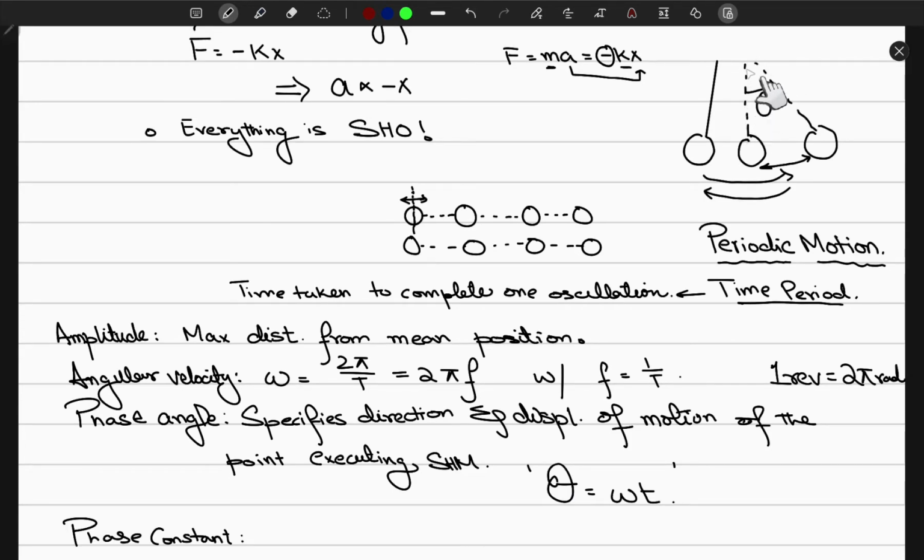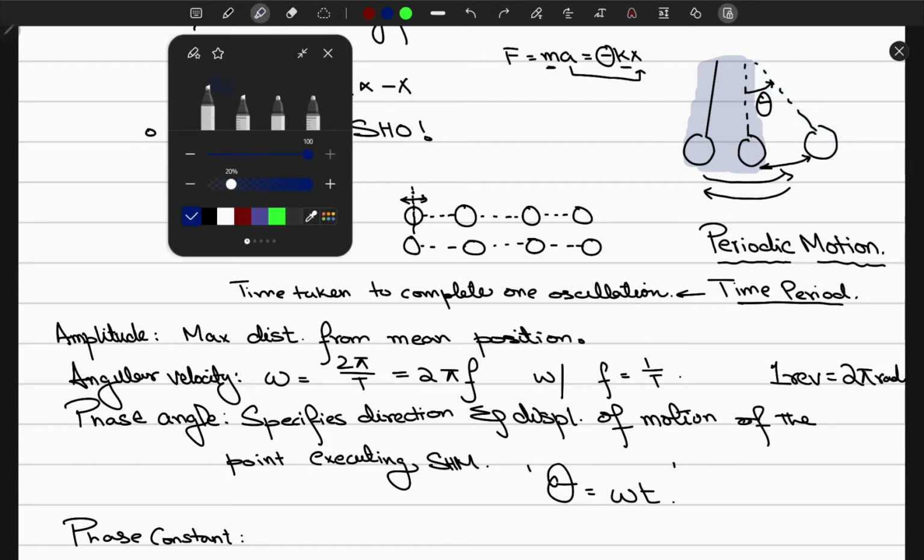Now suppose at time t equals 0, which means at the starting time the bob was initially at its resting position. In that case, the angle theta would be equal to 0. But you could also have a case where your resting position was actually this one, right? So let me use a different color for that actually.